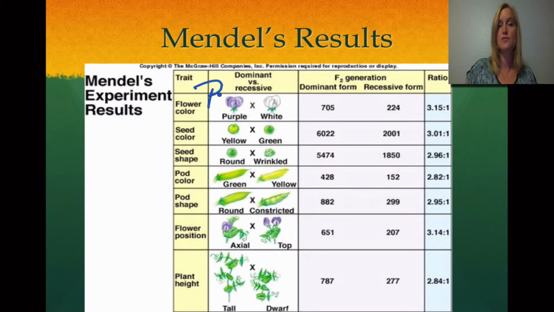That means for the recessive that would be a lowercase p. Whatever letter we choose for the trait, we're going to stay with the same letter. So we're not going to have a P and a W. We don't want to do that. We want to have a capital P for the dominant trait, and a lowercase p for the recessive. So our letters are going to be the same.